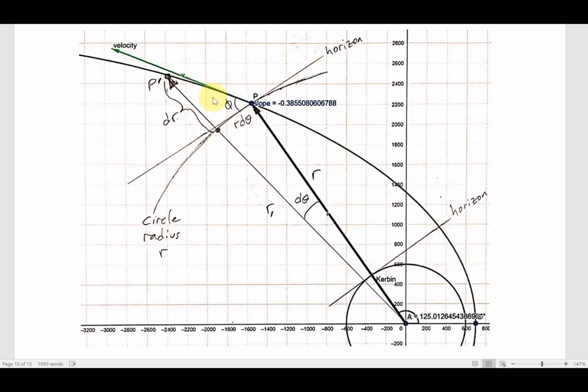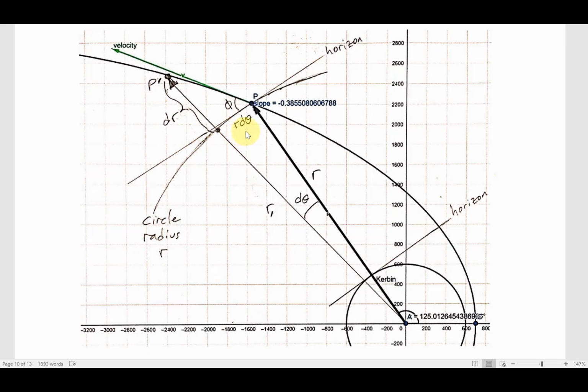Consider 2 points P and P' that are close to each other along the orbital path as shown here. The quantity dr represents a change in the radial position as the spacecraft moves from P to P', and the value of r changes from this value to r1. At the point P, we consider the triangle made of sides dr and r d theta.